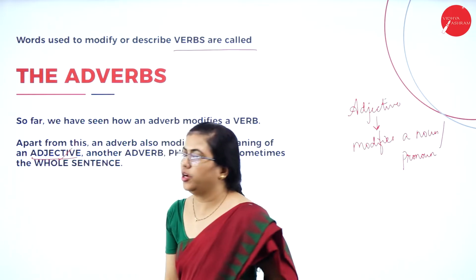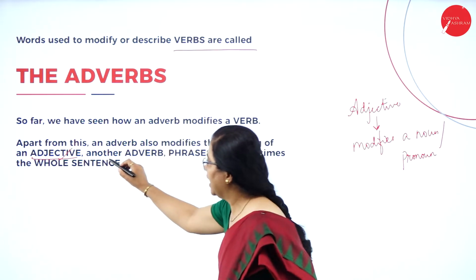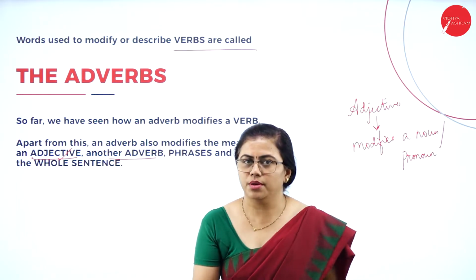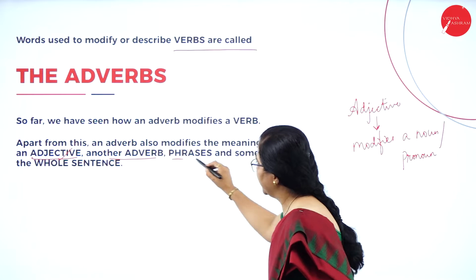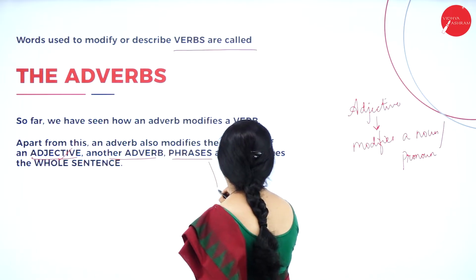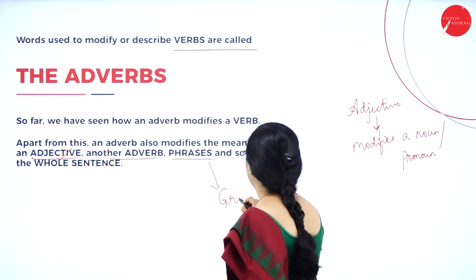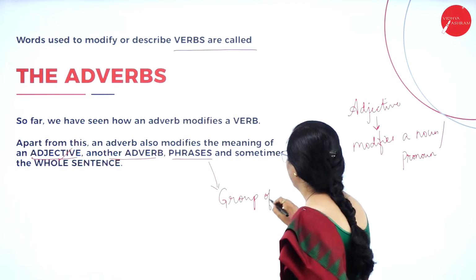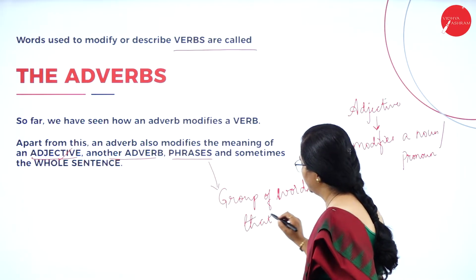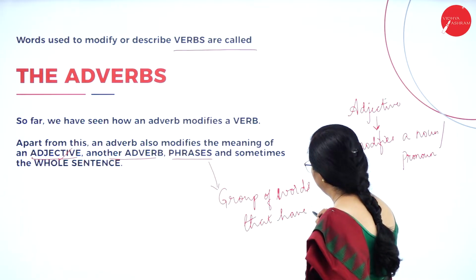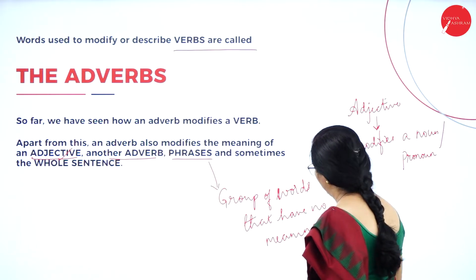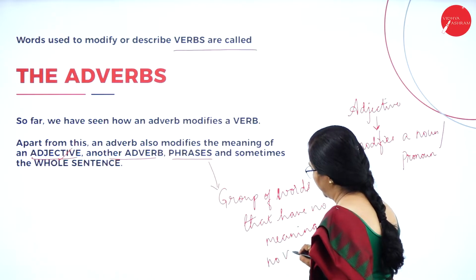An adverb can also modify an adjective or another adverb, or it can also modify a phrase. What is a phrase? A phrase is a group of words that have no meaning on their own, and also no verb in them.